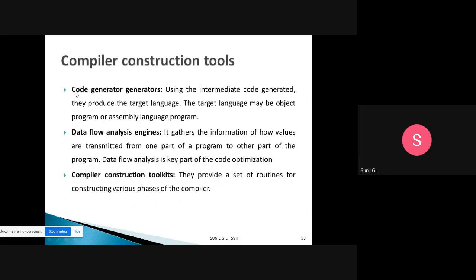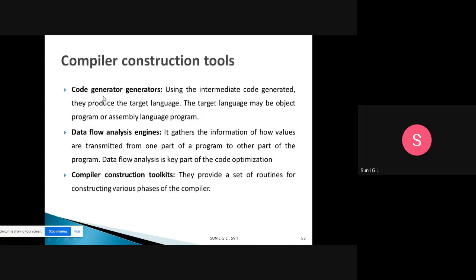Then code generator generators, used to generate code. Using the intermediate code generated, they produce the target language. The target language may be an object program or assembly. After the code optimizer, you will get a code; the output of the code optimizer needs to be converted into assembly level language.